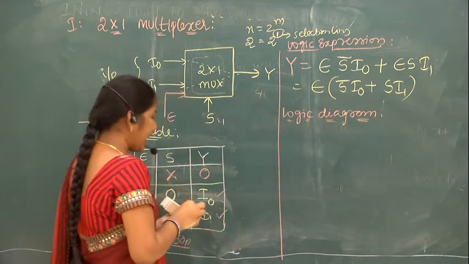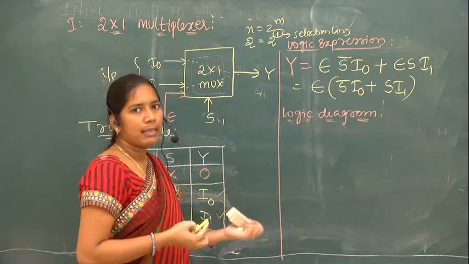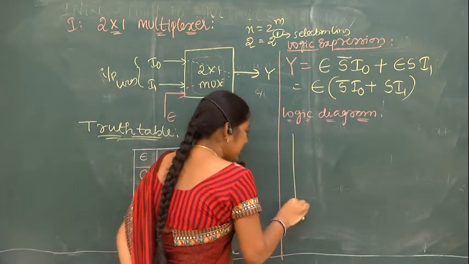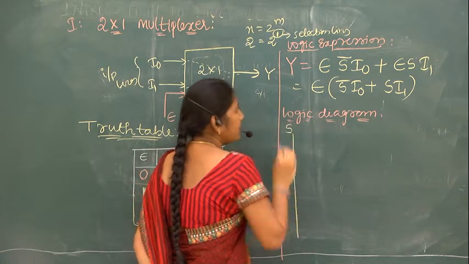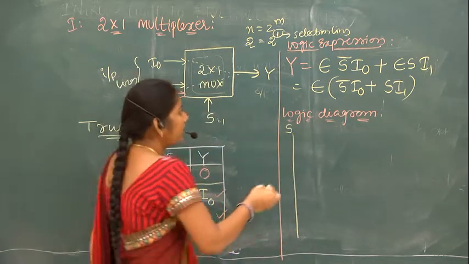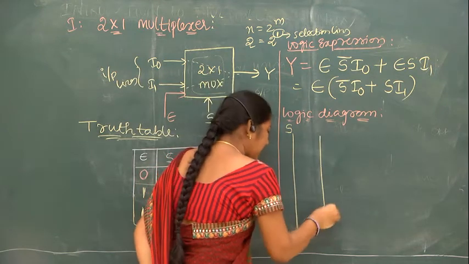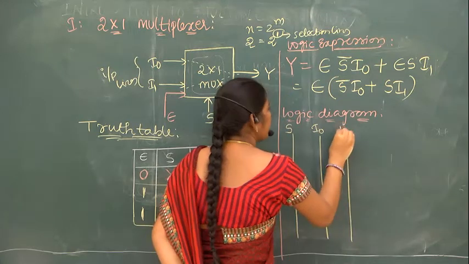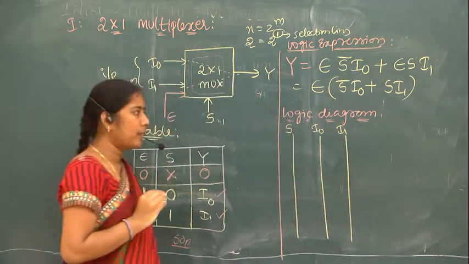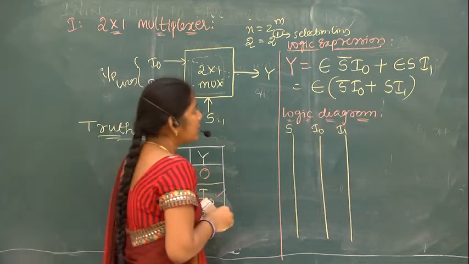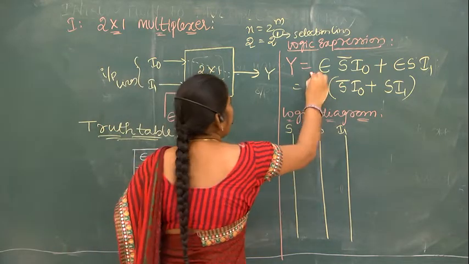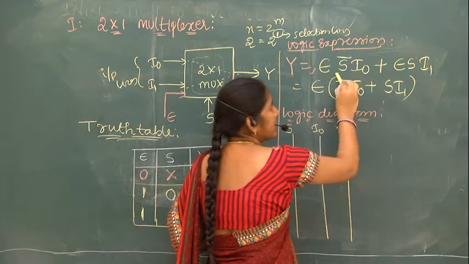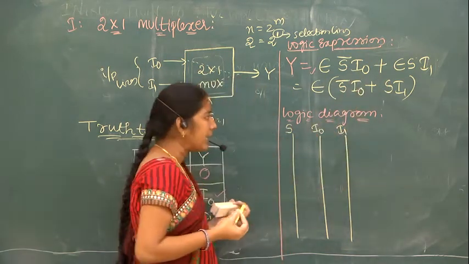To draw the logic diagram, consider all the inputs which exist here. Here we are considering the selection line as one input, and one more input is I0, and one is I1. Here we are having two product terms, so two AND gates are required.